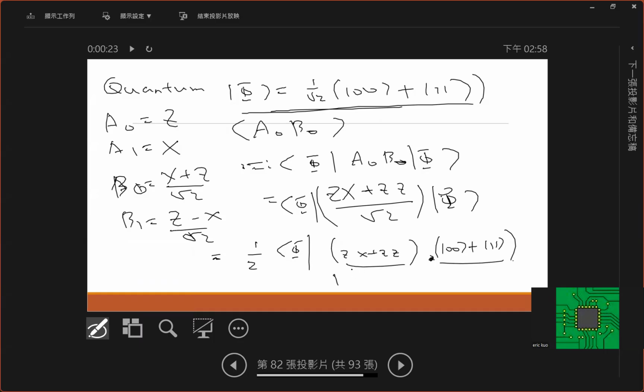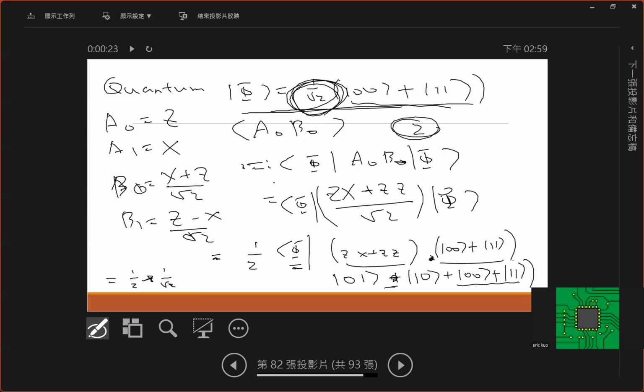What is ZX? It's the state 0,1 plus ZX eigenvalue is 1, 1, so it's minus 1, 1, 0 plus 0, 0, minus 1, 1. Sorry, plus 1, 1, because each of these will give you minus 1. So 0, 0 plus 1, 1 inner product with 0, 0 plus 1, 1 gives you 2. And remember there's a square root of 2, so it's half times half, 1 over square root of 2. This and this will give you 2, and there's a 1 over square root of 2 here and a half here. So A0 and B0 will just give me 1 over square root of 2.